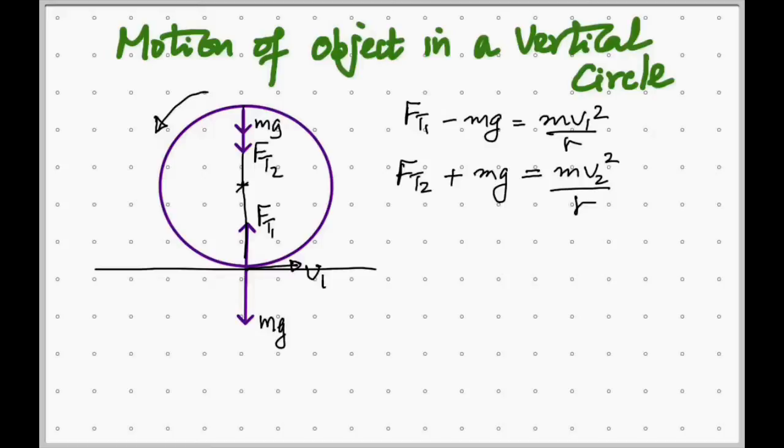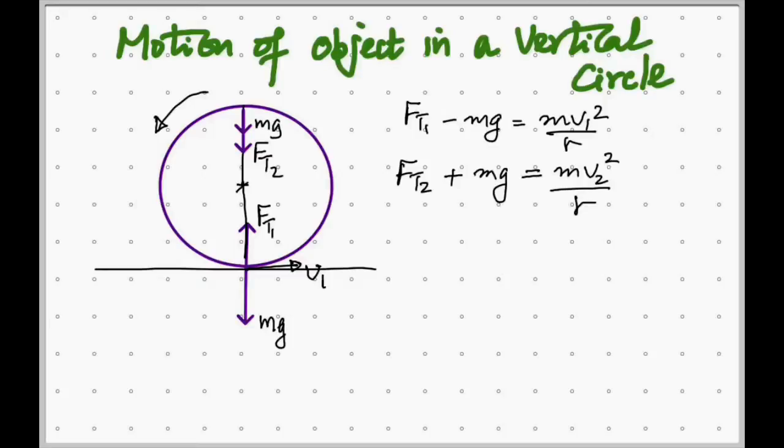And then you could use the energy concepts. You see, I drew that horizontal line. You know why? If you assume that's where you measure the height from, what is the potential energy at that point? 0. Okay. So what is the height at the top? 2 times the radius.